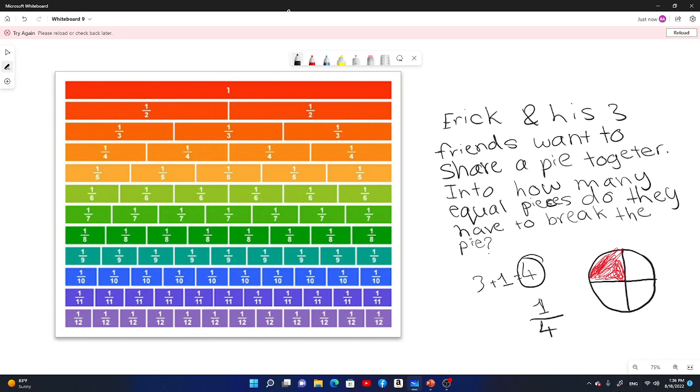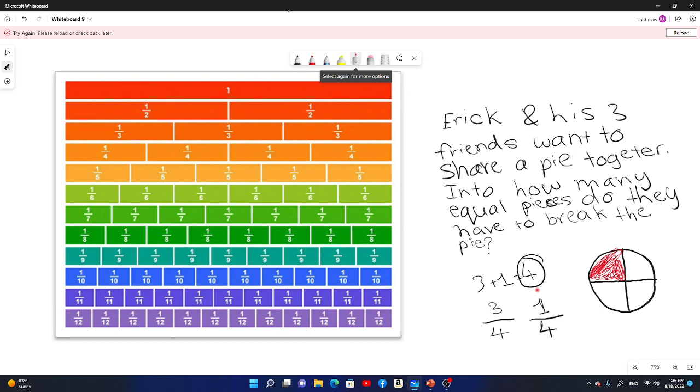Now, if you want to show how many pieces are left, you could do 1, 2, 3, which is this part, and there's still 4 pieces, the denominator, so 3 out of 4. As you can see, this shows how much is left, and this shows how much his friend ate.